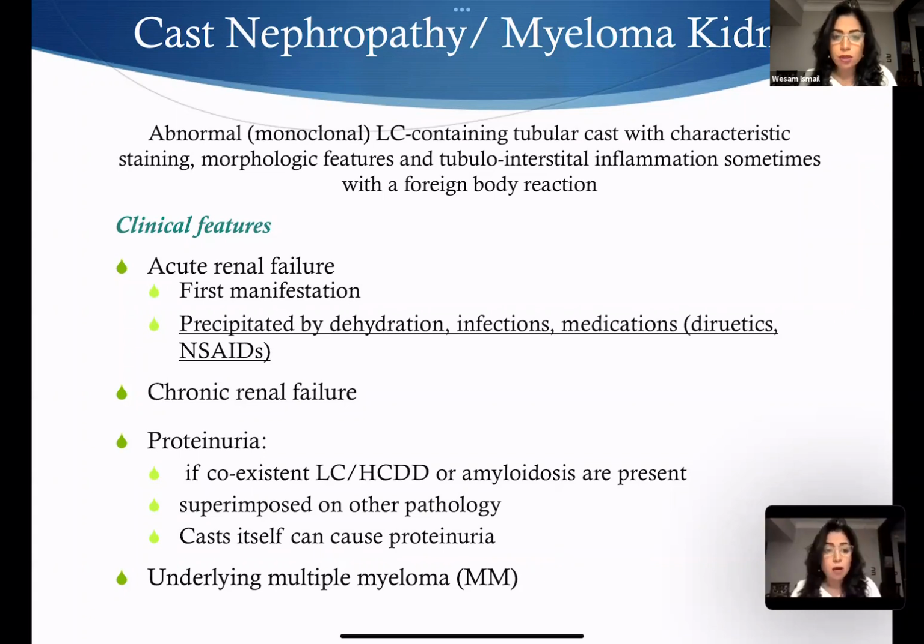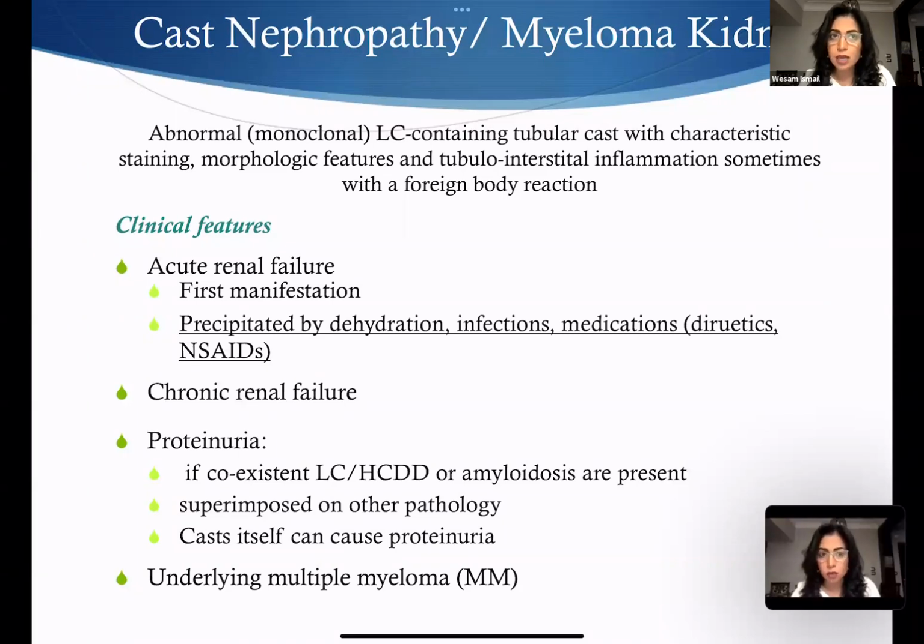Others can present with a more chronic course. If you have proteinuria, then there's something else going on within the glomeruli. So these patients are either already diabetics, for example, or hypertensive, so they have some elements of FSGS, or something else related to light chains is happening in the glomeruli, such as LCDD, or maybe these patients could have amyloidosis.